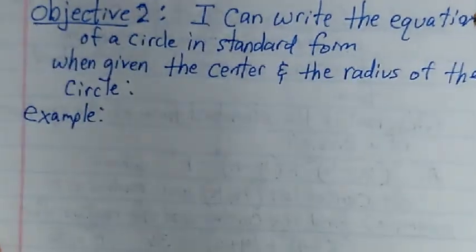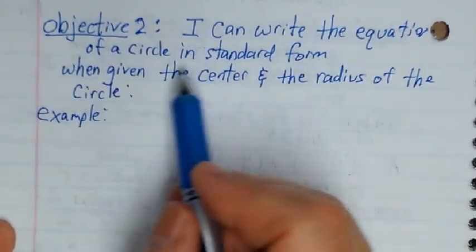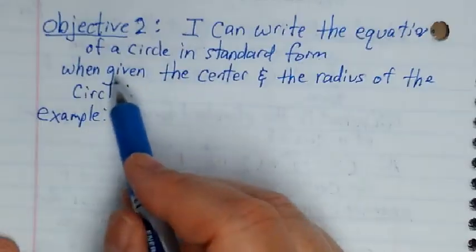I can write the equation of a circle in standard form when they give me the center and they give me the radius. Okay, so example.